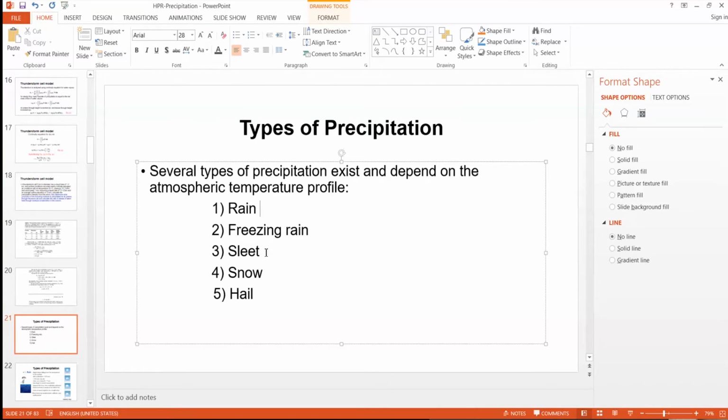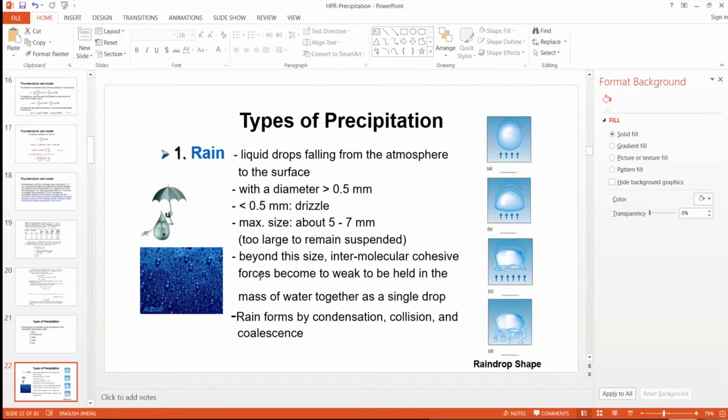Let's go deeper into the types of precipitation. In rainfall, the raindrop size is more than 0.5 mm. It can go up to 5 mm.